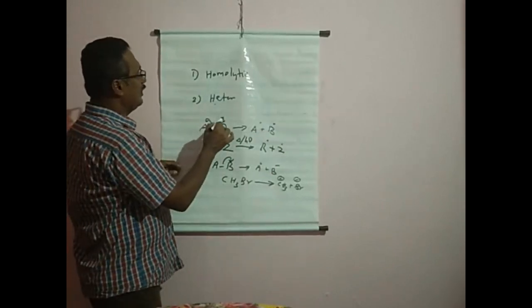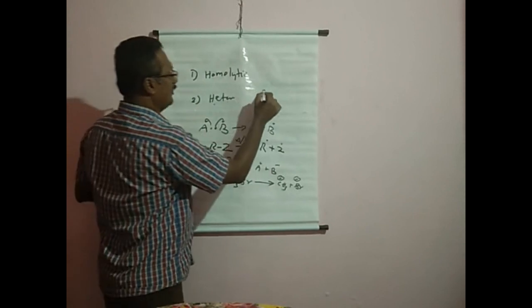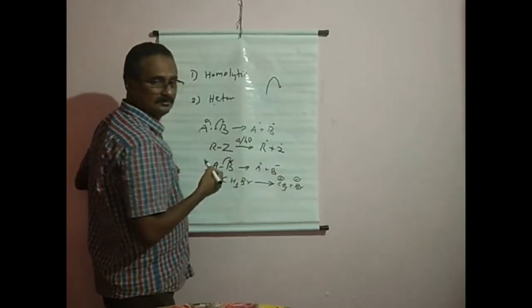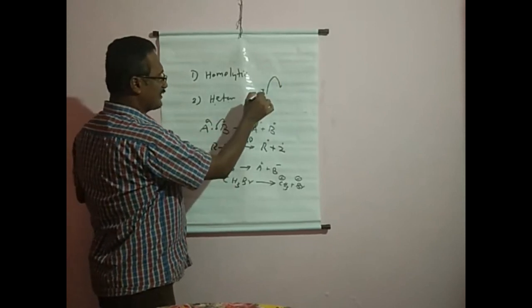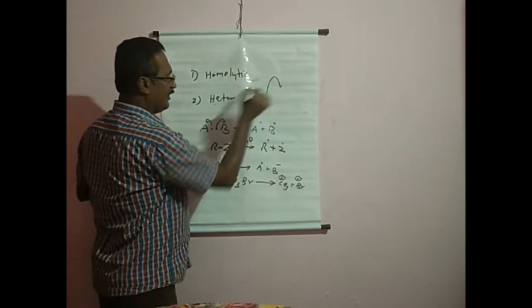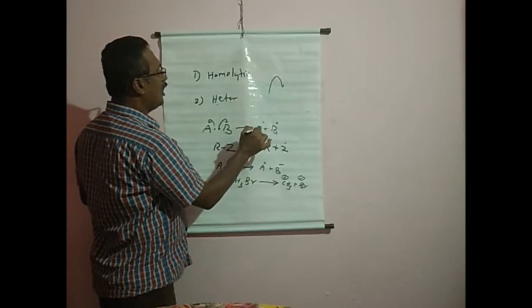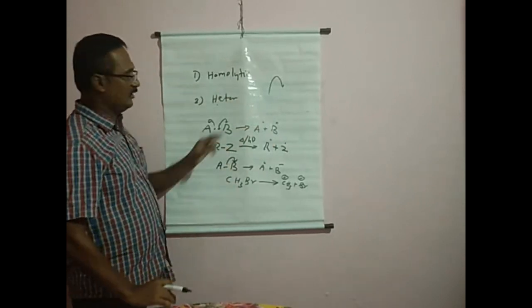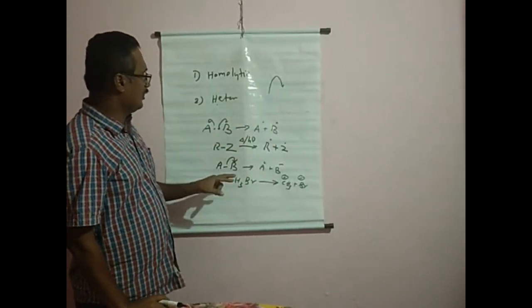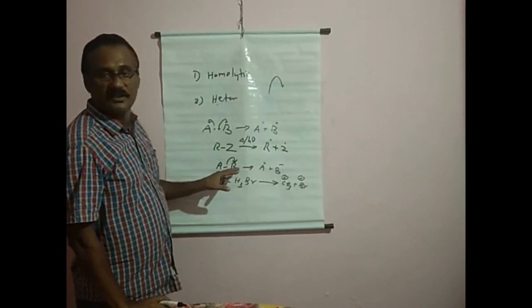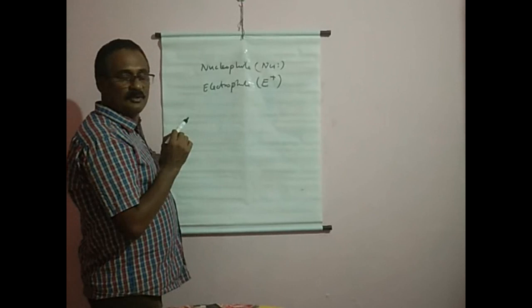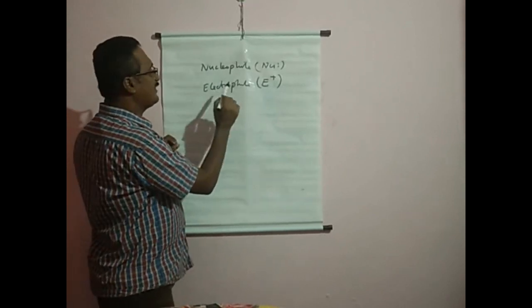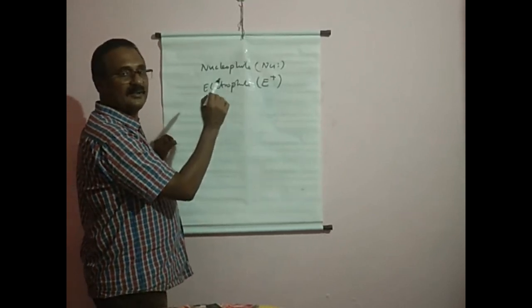The other one is the fishhook arrow, a half curved arrow that represents the transfer of only one electron. For homolysis we use the fishhook arrow, but for heterolysis we use the curved arrow. Got it?